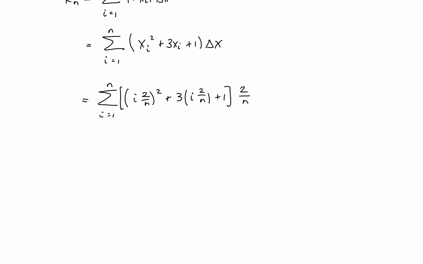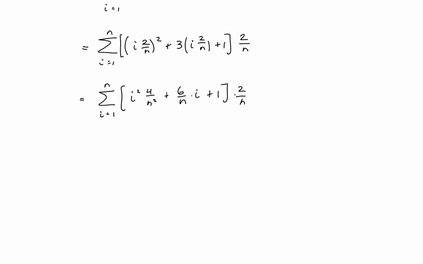So let's simplify this as much as we can. This first term, when I square this, I'm going to get an i squared times 4 over n squared, plus 3 times, or let's write this as 6 over n times i, plus 1, times 2 over n. So distributing this through, I'm going to have an i squared times 8 over n cubed, plus 12 over n squared times i, plus 2 over n.